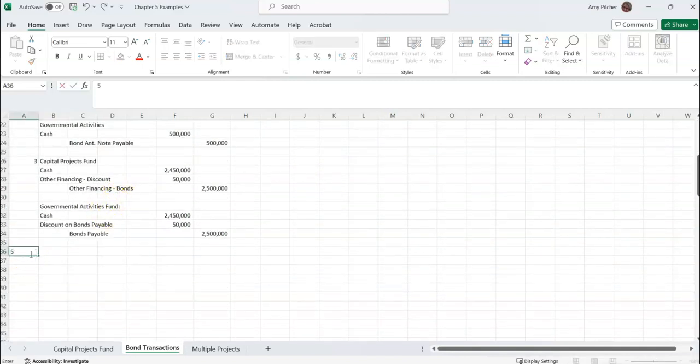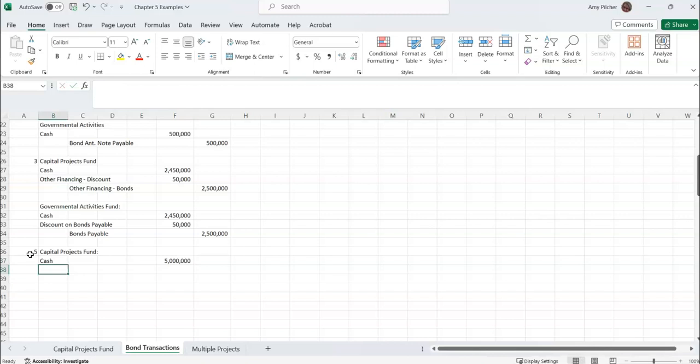So for transaction 4, we have a capital projects fund. We've received cash of $5 million. And then other financing sources, proceeds of bonds for $5 million.